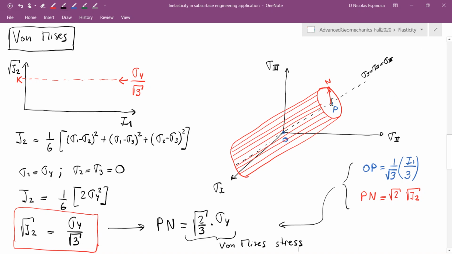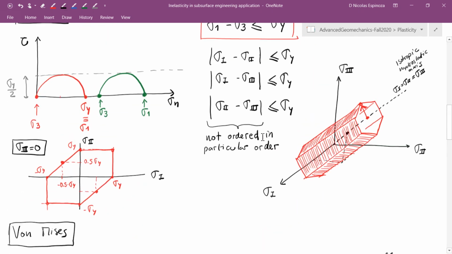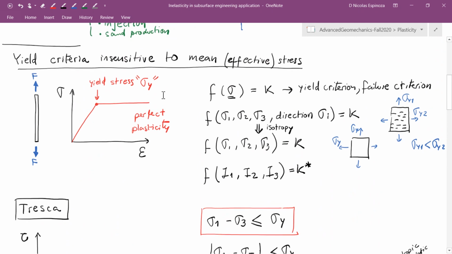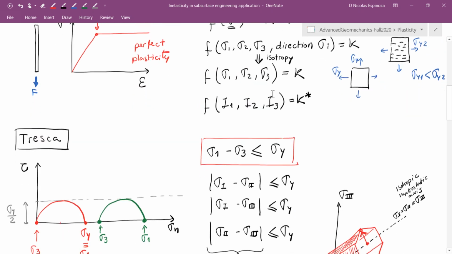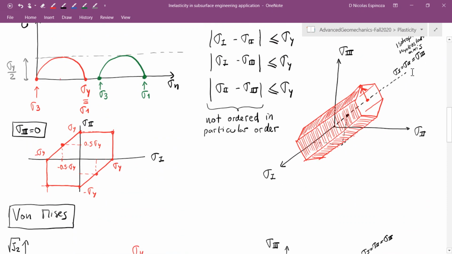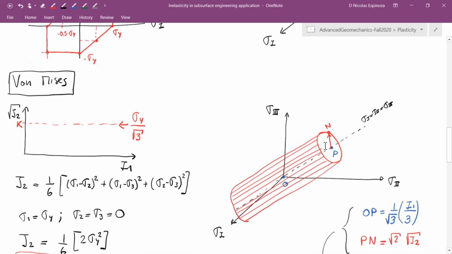The first one is that, as we said at the beginning, these are yield criteria which are insensitive to mean effective stress, which means that you can move along the hydrostatic axis and you're not going to ever be in failure. Infinitely in compression, infinitely in tension, you're not going to be in failure as long as you're inside the yield surface.